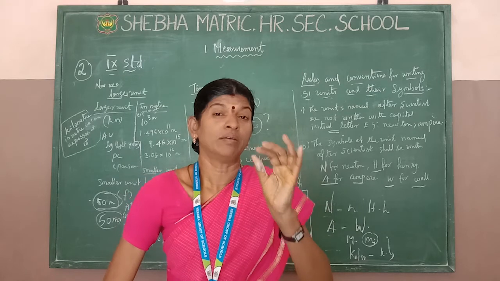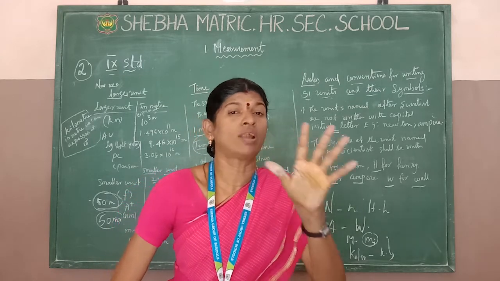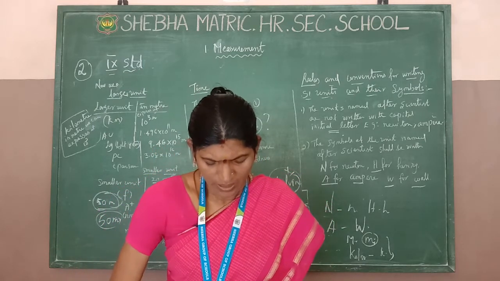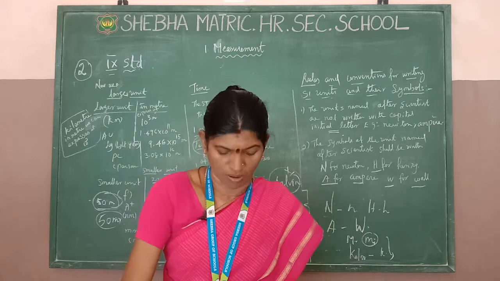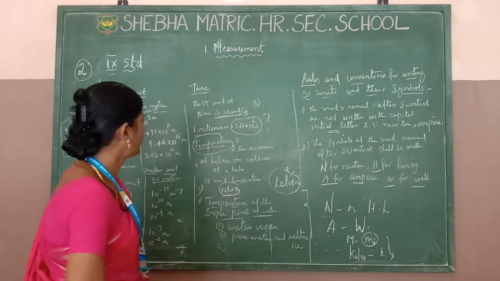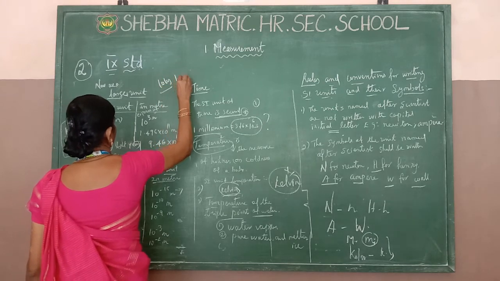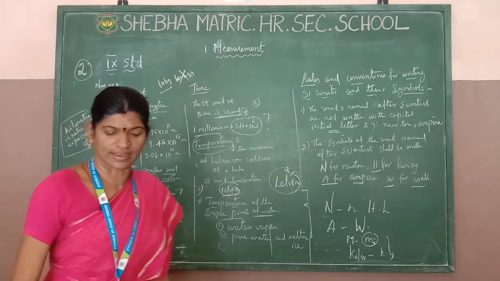Don't write plural forms for symbols; units expressed as symbols are not written in plural form. So 10 kg, not 10 kgs. That is wrong. Is it clear?